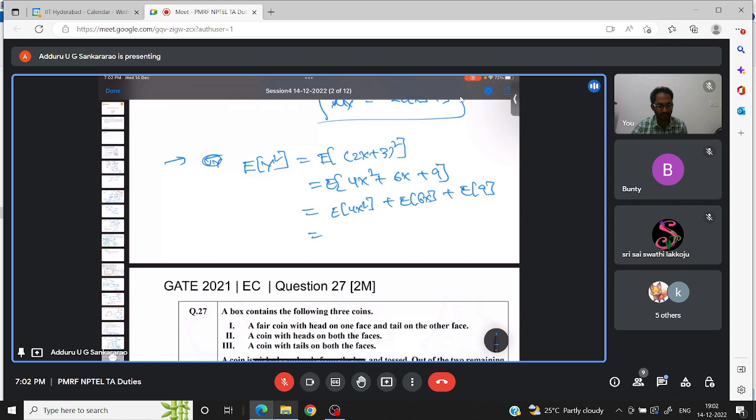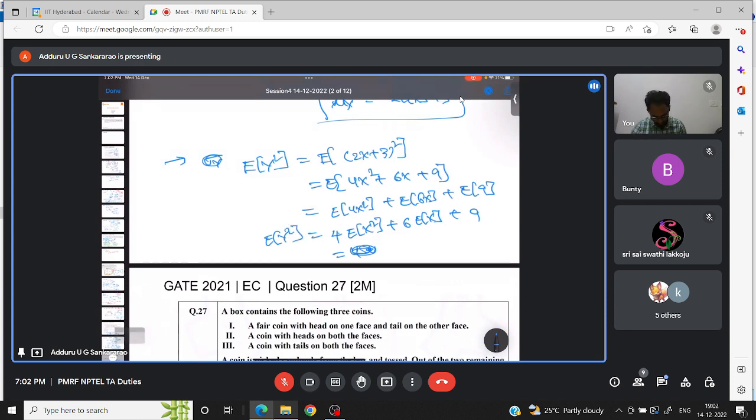Taking the constants out, 4 times expectation of x square, plus 6 times expectation of x, plus expectation of the constant, which is 9. Finally, we got this.